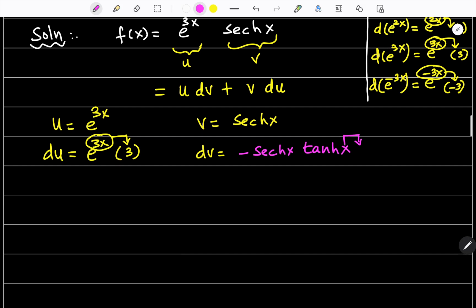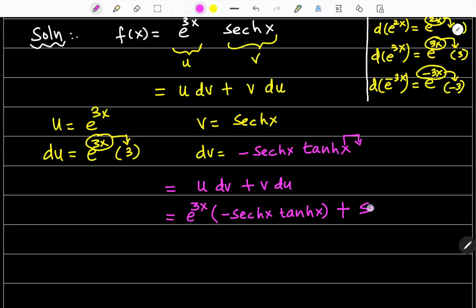Right. So let me go back to the formula again. It is u dv plus v du. Now what is your u? Your u is e power 3x. So this equals e power 3x, and what is your dv? Minus secant hyperbolic x tan hyperbolic x, plus what is your v?